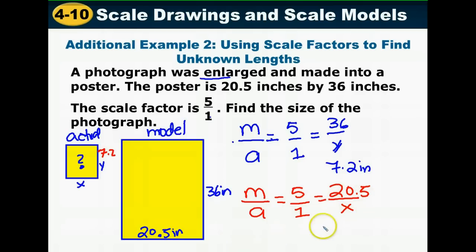When we divide, we get 4.1 inches. So that means the smaller picture was actually multiplied by 5 to get the new dimensions for the bigger picture. Everything was multiplied by 5. So if we multiply this by 5, we get 36. 4.1 times 5, we get 20.5. Okay, any questions? Please post them on Edmodo.